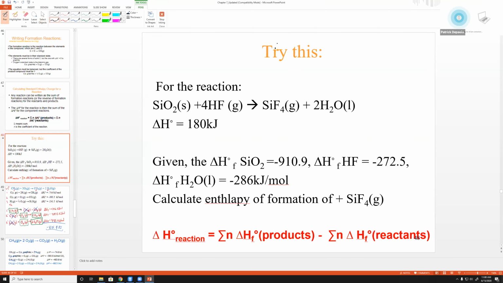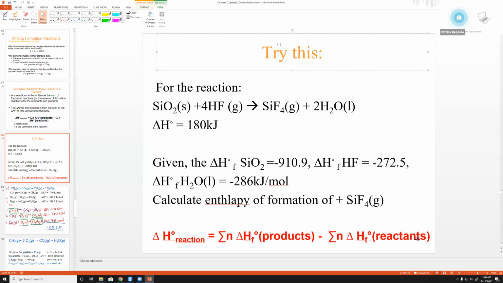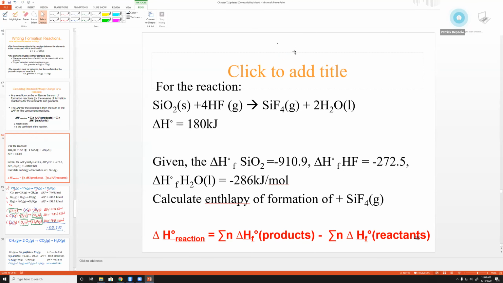So here's the way I would set it up. Well, first I'll get rid of this. We'll do it on the top. We would do the sum of the products minus the sum of the reactants equals your total reaction. We'll write the general equation, then we'll put the numbers in. SiF4 is what we're looking for.